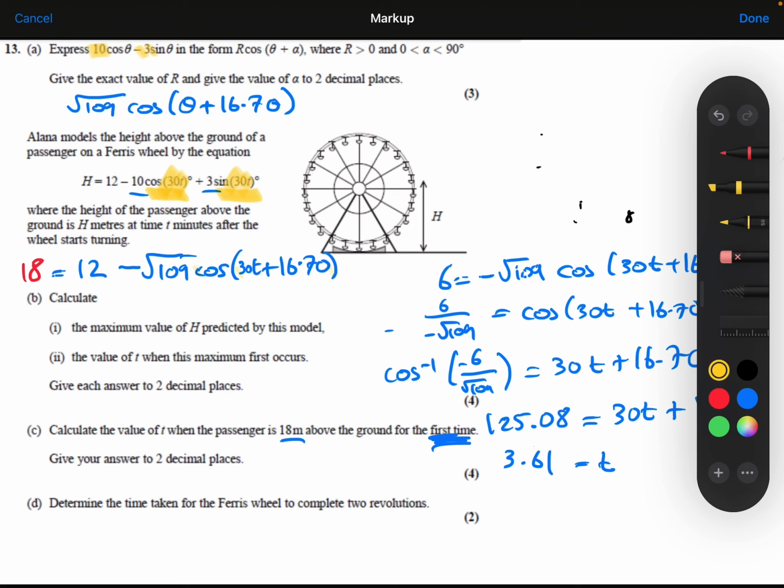They repeat every 360 degrees. So for this Ferris wheel to do 1 revolution, the 30t would have to equal 360 degrees. So t would be 12. For 2 revolutions then, we'll double that and get 24 minutes.